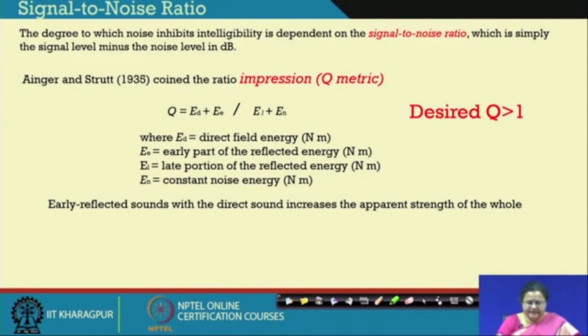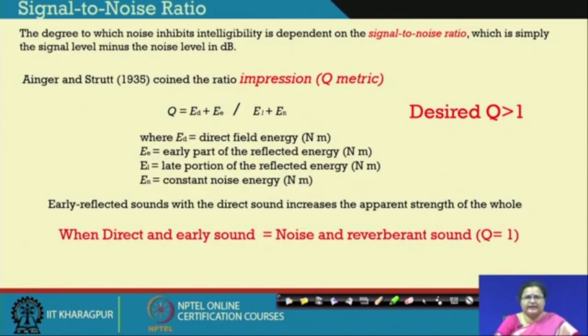The early reflected sound with the direct sound increases the apparent strength of the sound, and we consider that as a positive component towards the numerator, an addition to the direct sound field. So, when the direct sound and the early reflected sound are equal to the noise and the reverberating sound, we get Q equal to 1.